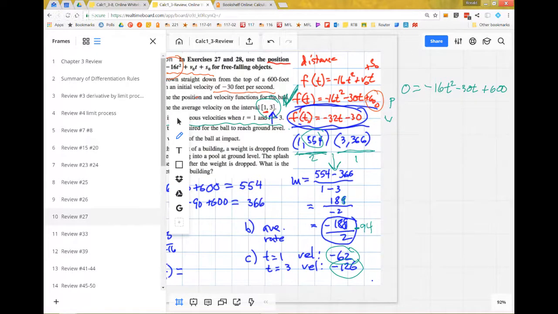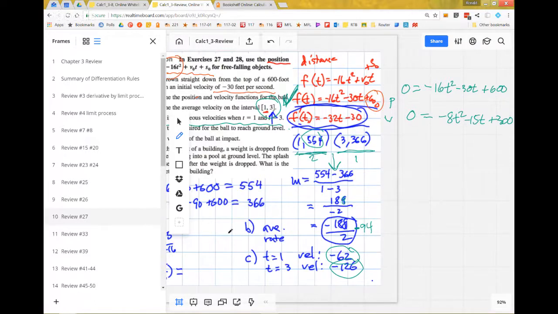Okay? So how do you solve a quadratic? Well, we could try factoring it when it's set equal to 0. We can take a 2 out of that for sure. Divide both sides by 2. Negative 8t squared minus 15t plus 300. Can't really do any more factoring.